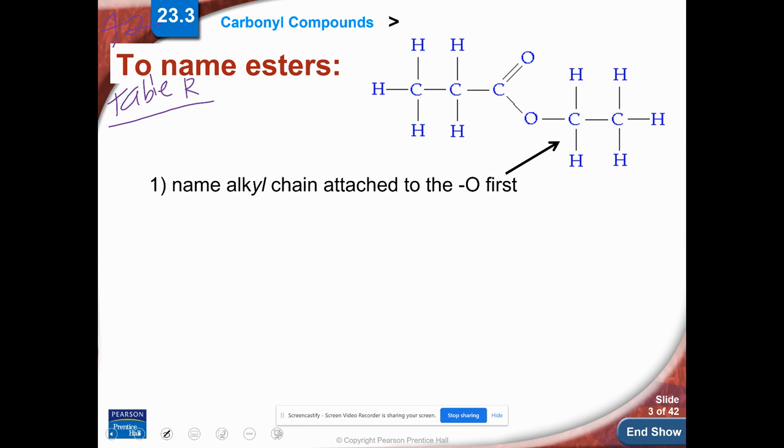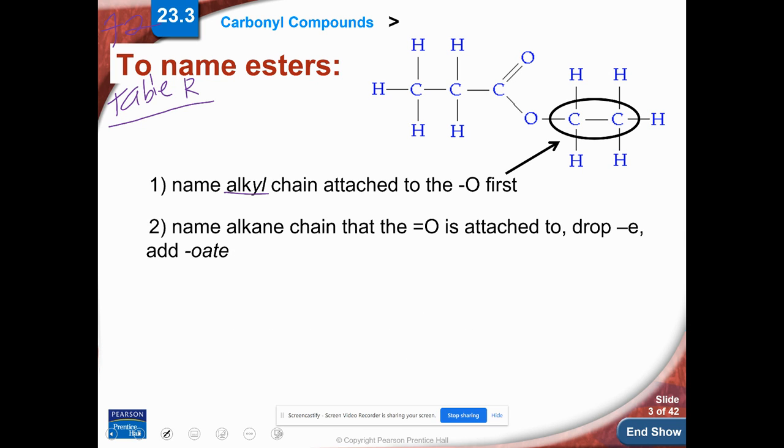Whenever we name any alkyls, we're counting the number of carbons. How many carbons are there? That's 2. Now we're going to name the alkane chain that the oxygen double bond is attached to, and we're going to drop the E and add OATE, because the ending OATE indicates an ester.